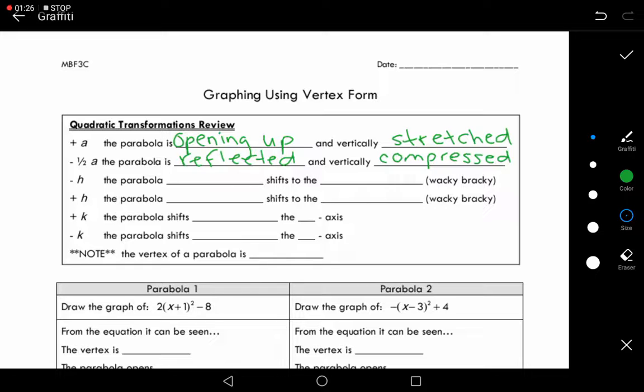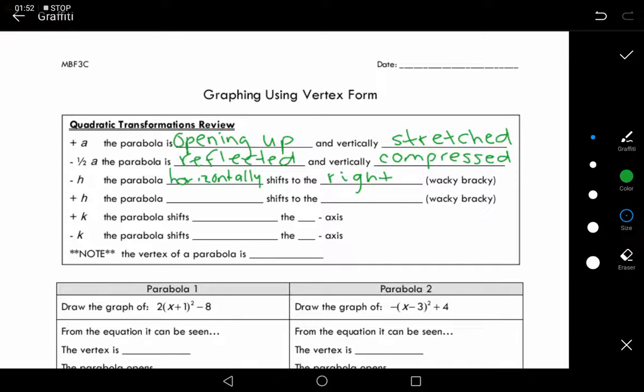Okay, moving on to h. If we have a negative h value, the parabola is going to be horizontally shifted to the right. Okay, and the reason it says wacky bracky here, all that is saying is that, remember, the h is what does the opposite thing, right?